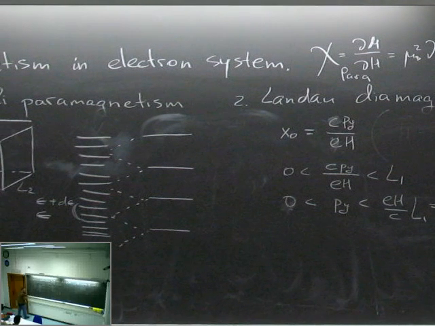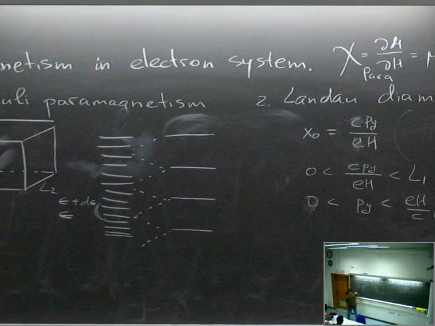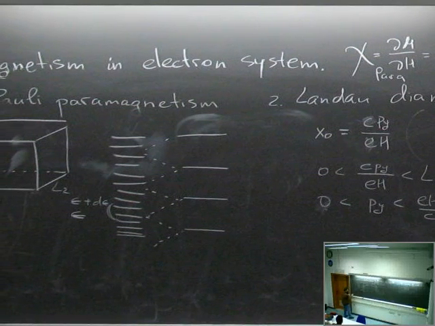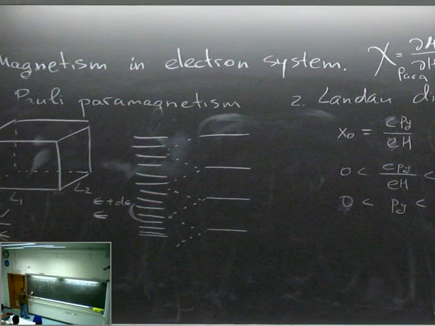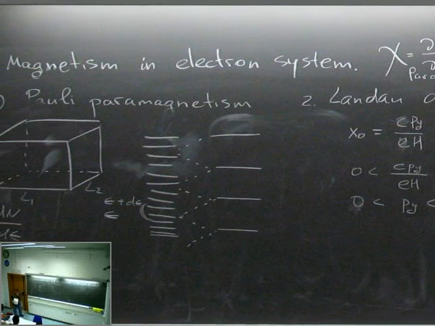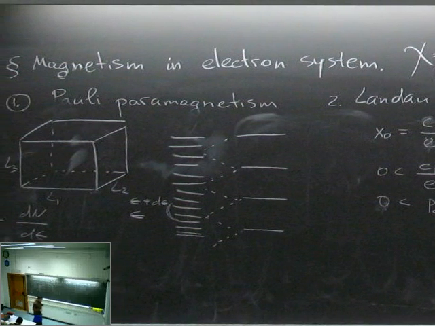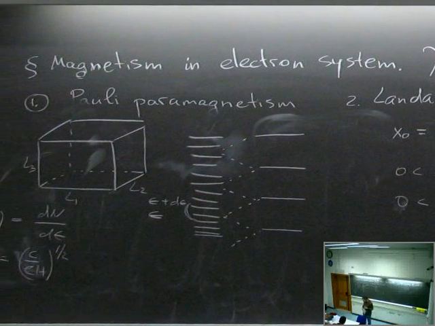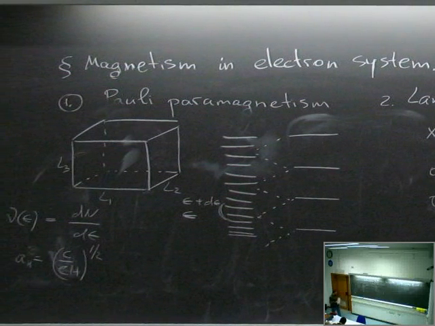So it's c over eH to the power 1/2. So this is magnetic length.